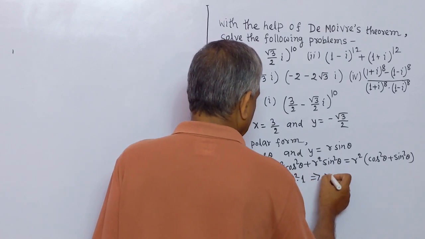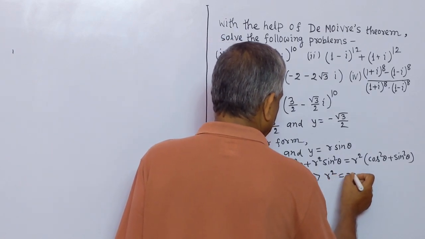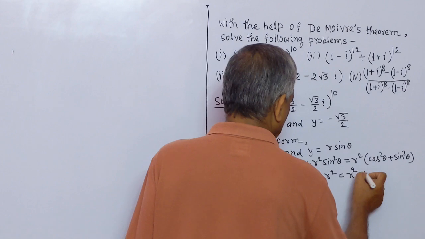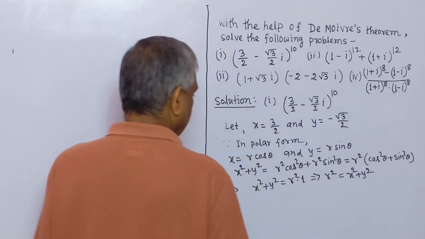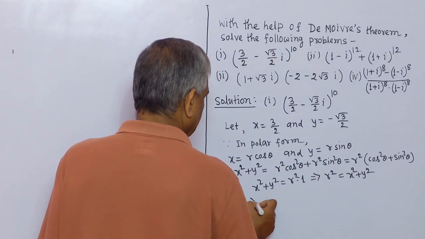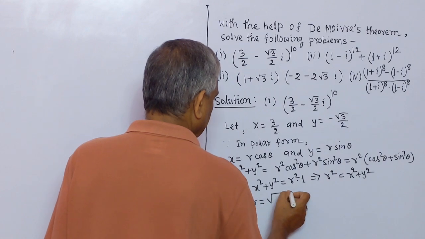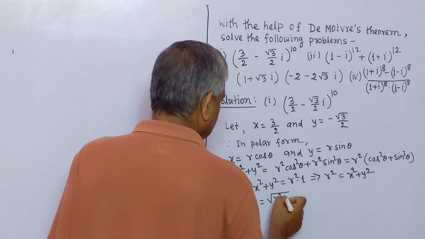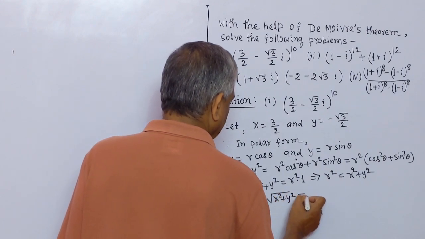Implies that r square equal to x square plus y square, so r equal to square root of x square plus y square.